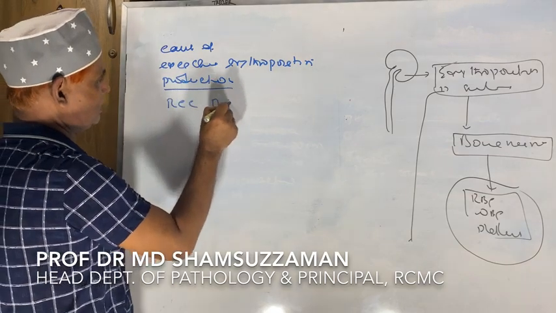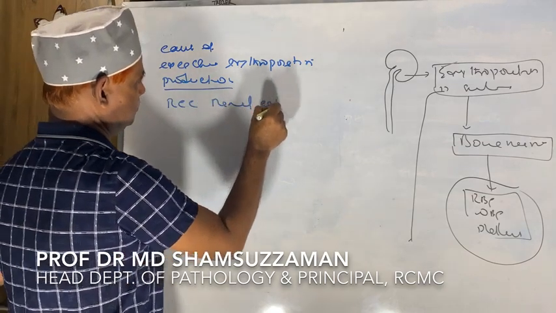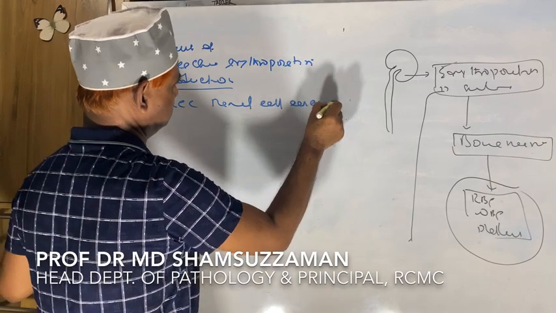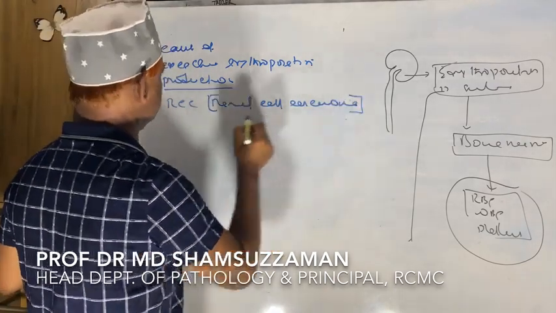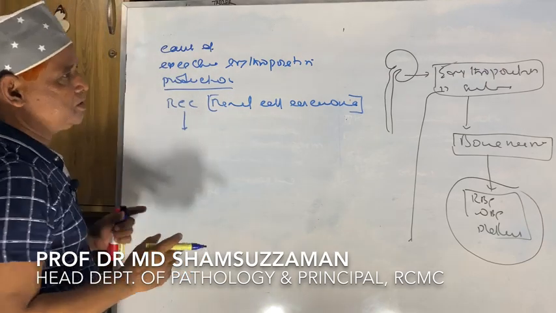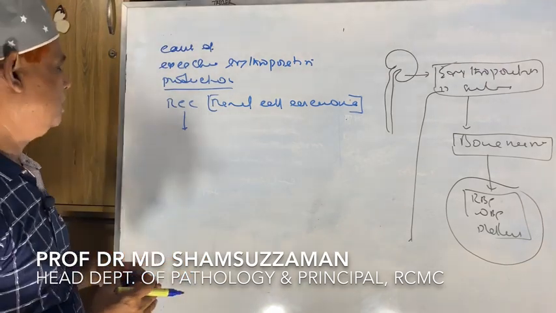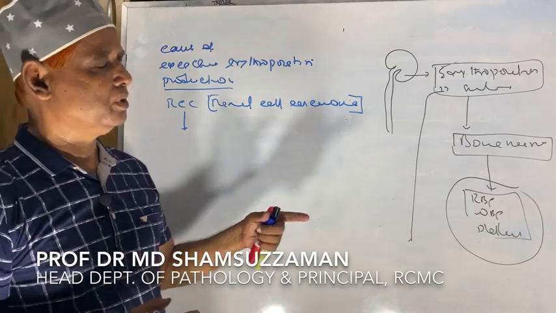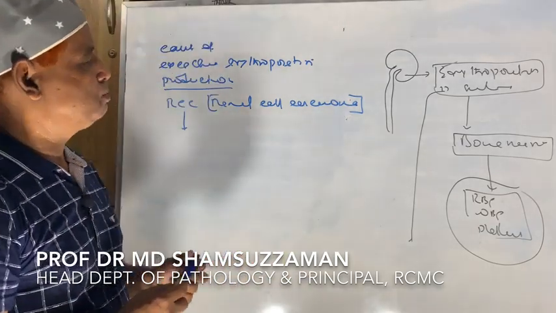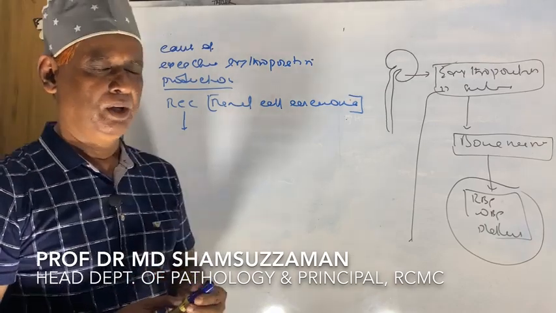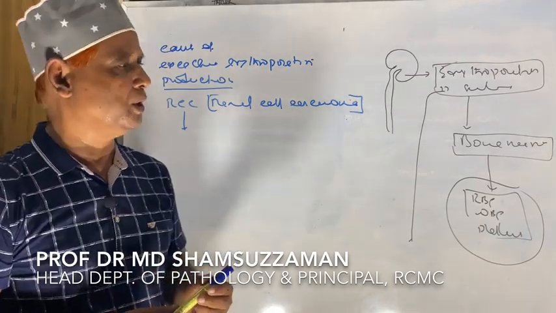RCC, renal cell carcinoma. So if anybody suffers from renal cell carcinoma, there will be excessive erythropoietin secretion and the patient will develop secondary polycythemia. And we can diagnose polycythemia in laboratory by examining blood and bone marrow.